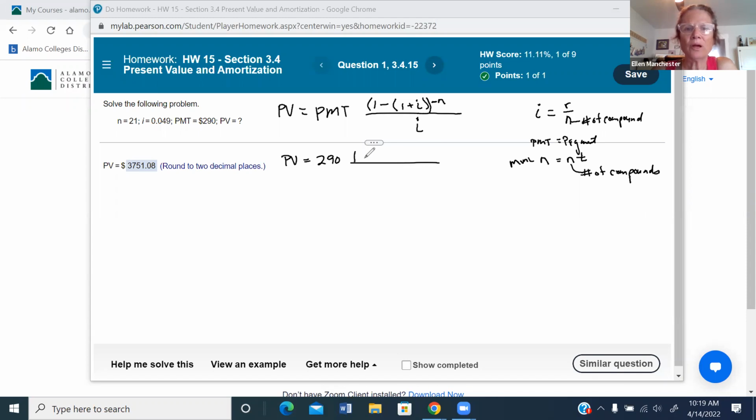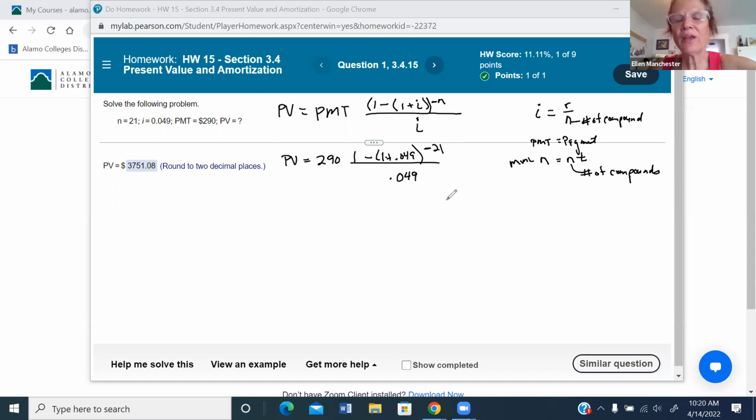And then it's 1 minus 1 plus 0.049 raised to the negative 21. This negative is going to catch you. If you don't put that negative in, what you're finding is future value. So make sure you get that negative in there. And then over I, so 0.049.